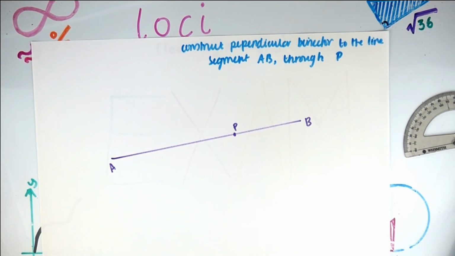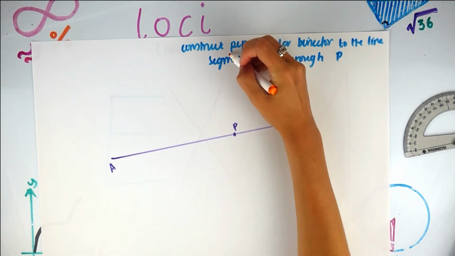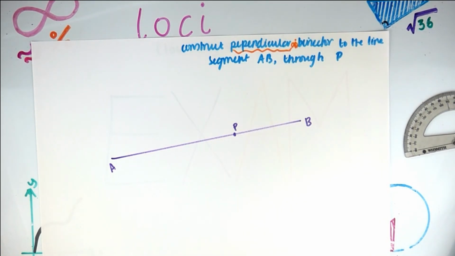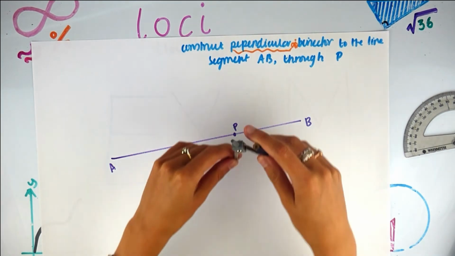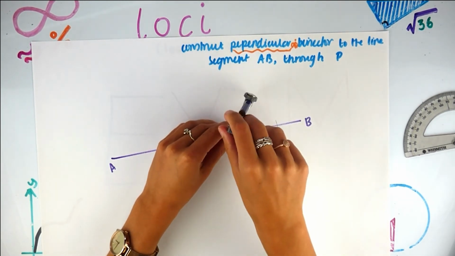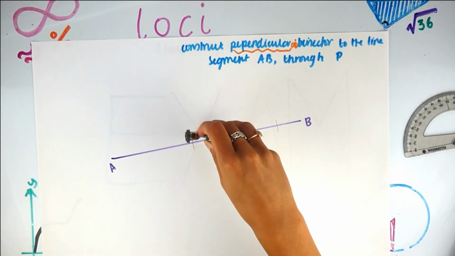Okay, so this is the next question. Construct a perpendicular bisector to the line segment AB, so this is your line segment, through the point P. What we need to know here is that perpendicular means 90 degrees. So we want that 90-degree angle, and a line that's going to be cutting it perpendicular. The way we did this was we started from point P, we know it has to go through point P, we did a little dash here, and we did the same on this side.